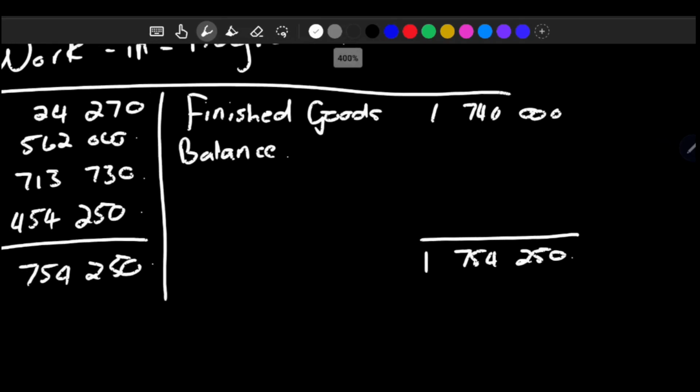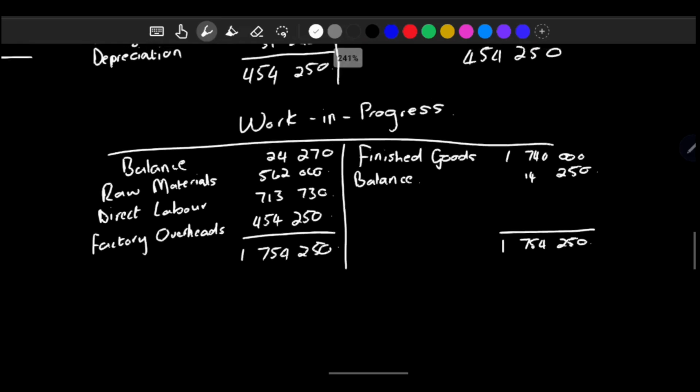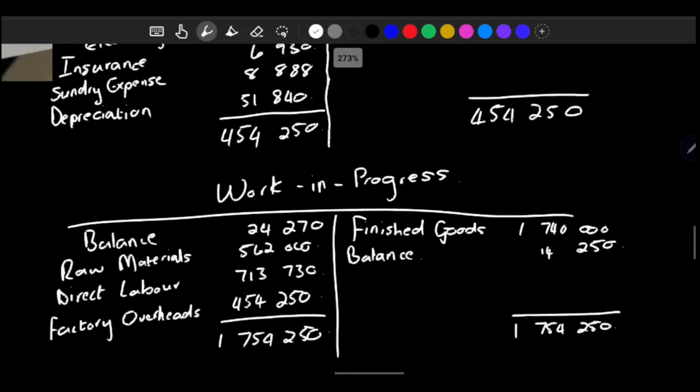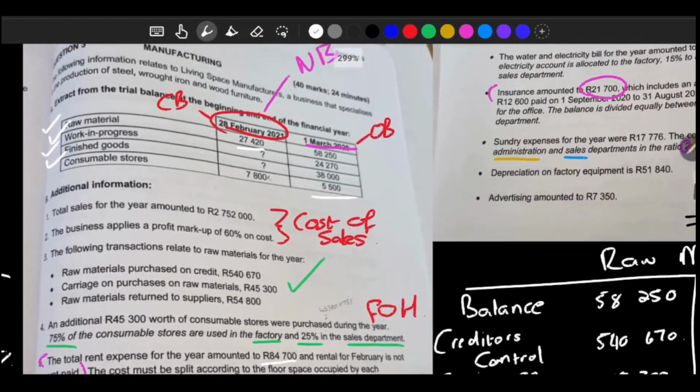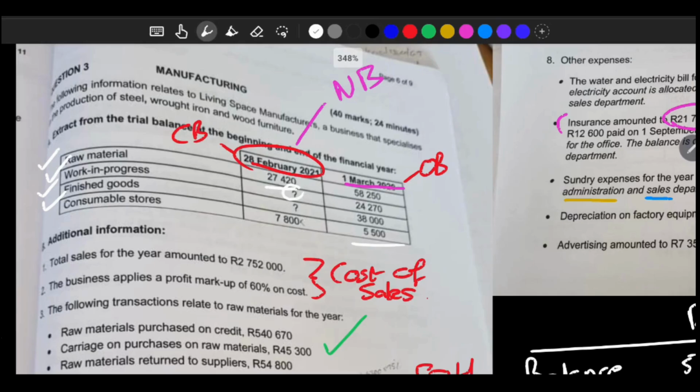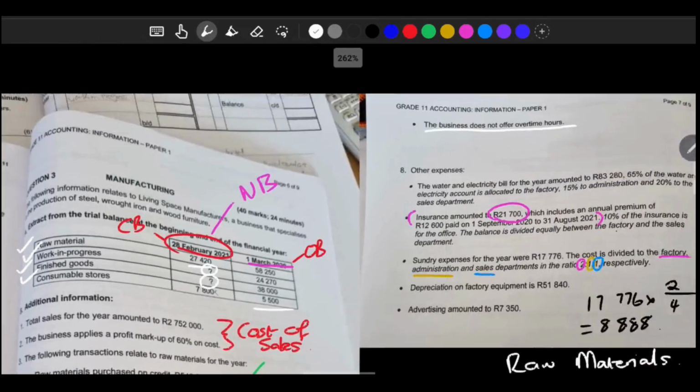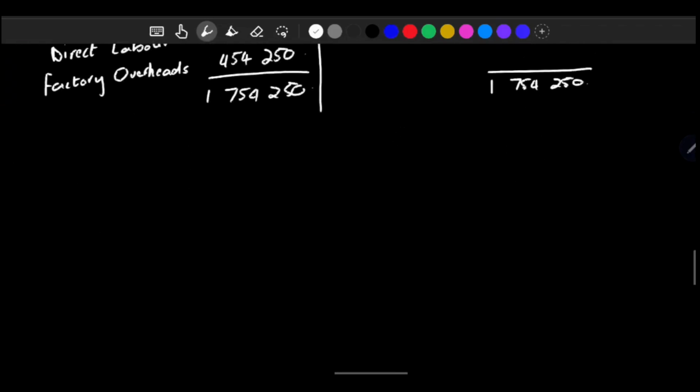And then here we will have our balance of, if you take 1,754,250 and subtract 1,740,000, you will then get 14,250, right? Then for the last account, so this balance we calculated it because here we are not given the closing balance. Same as finished goods, we are not given the closing balance, right? So that is calculated.